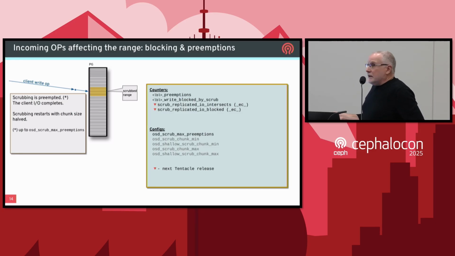If a client write op arrives, the scrubbing is preempted. Scrub stops, the write operation continues, and the scrub restarts for that chunk, but with the chunk size halved. And this happens up to OSD scrub max preemptions.